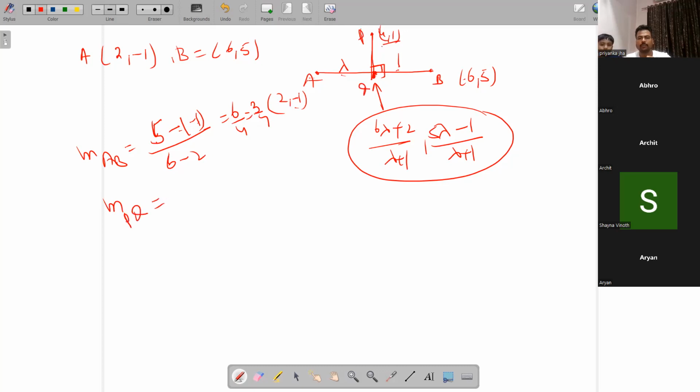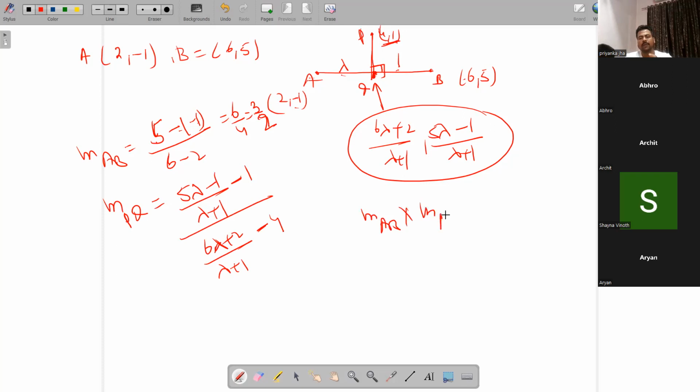Again, we apply y2 minus y1 upon x2 minus x1 with the points we know. Now we know that AB and PQ are perpendicular lines, so the product of their slopes must be minus 1.